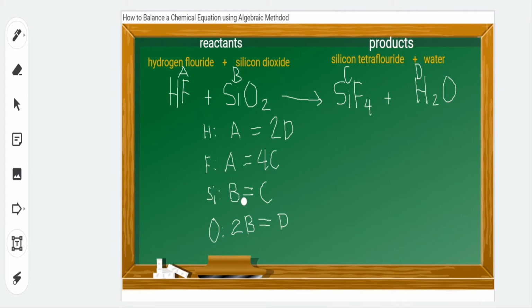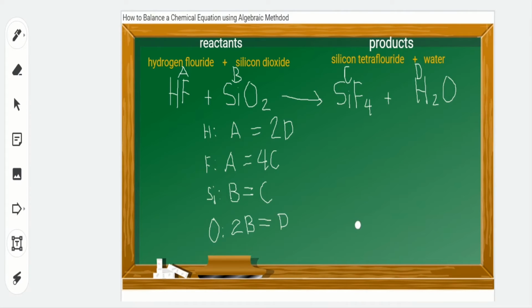So, example lang natin dito. Kung titignan natin, punta tayo dito sa pinaka-simple dito. Umpisa tayo lagi sa lowest na pwedeng possible na coefficient, which is 1. So, tingnan natin dito. B is equal to C. So, let's start first here.